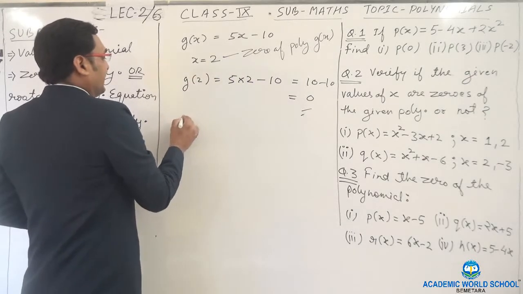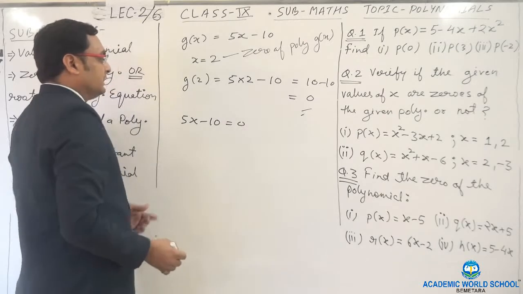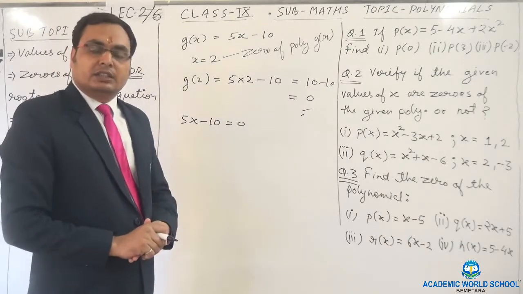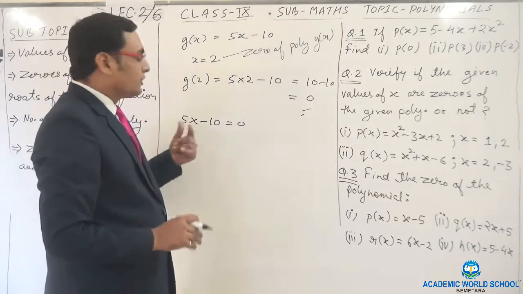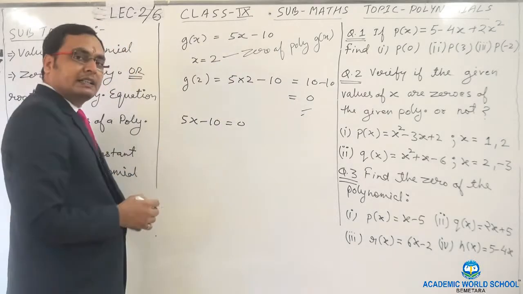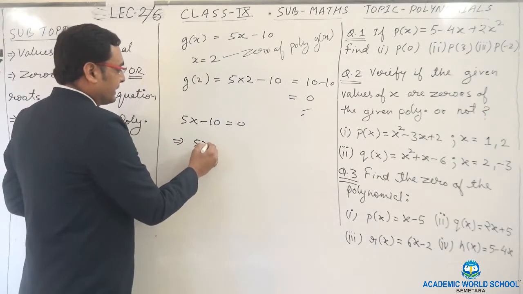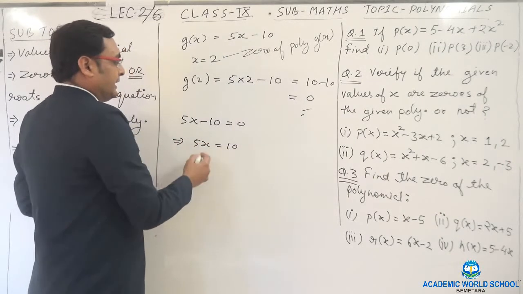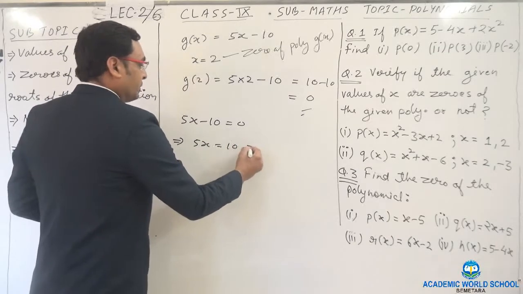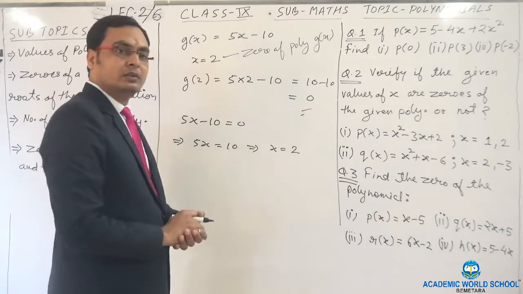For example, if I put 5x minus 10 is equal to 0, this is a linear equation in one variable that we have solved in class 8. Now by solving this we can find the root of this equation. We will get 5x is equal to 10, and by dividing by 5 on both sides we will get x equal to 2.